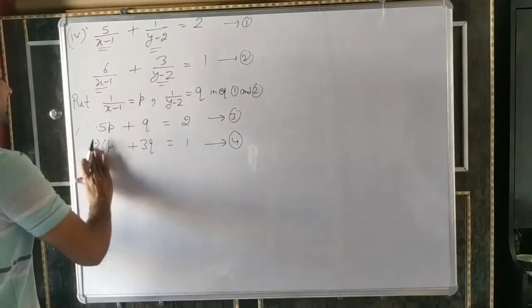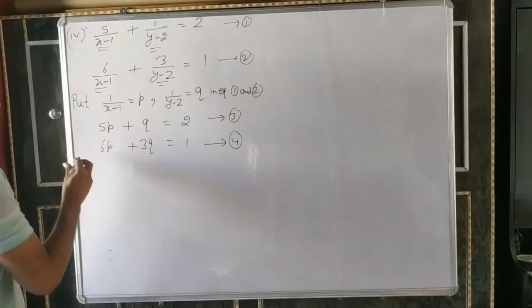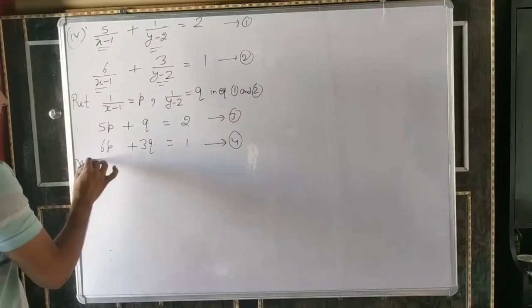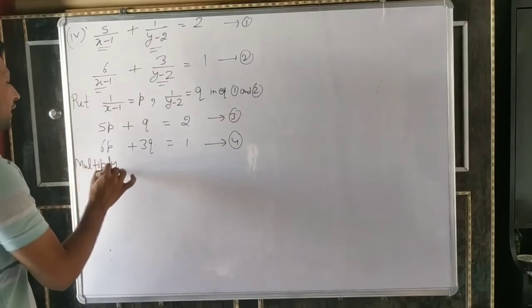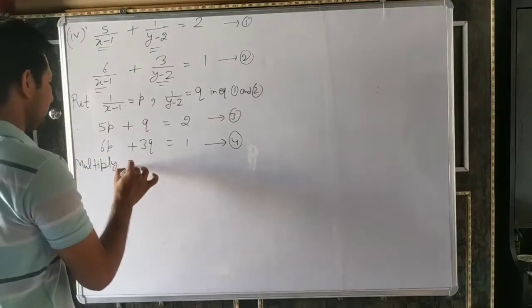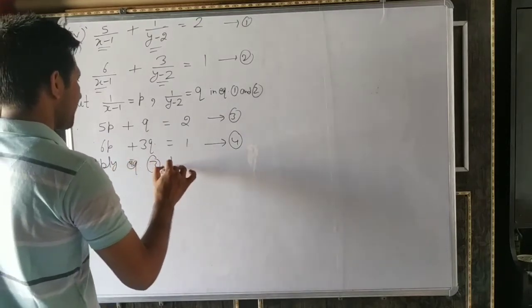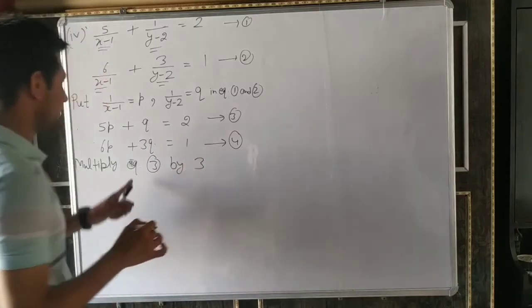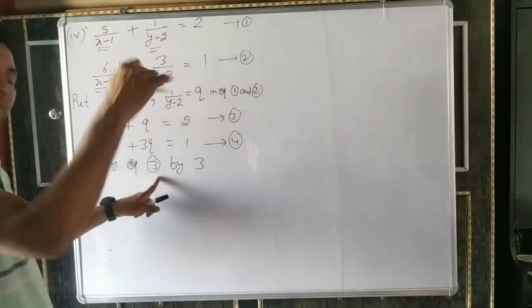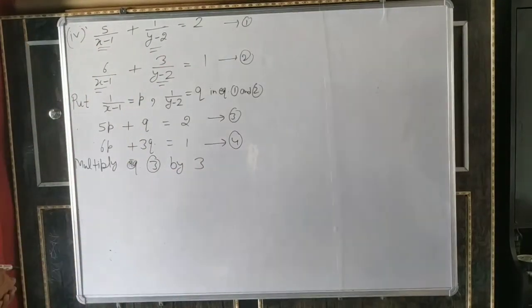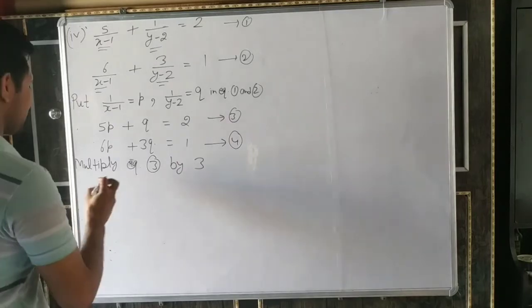So it is better to make the coefficients of q equal. So multiply equation 3 by 3. Equation numbers are always written in a circle. Understand or not?